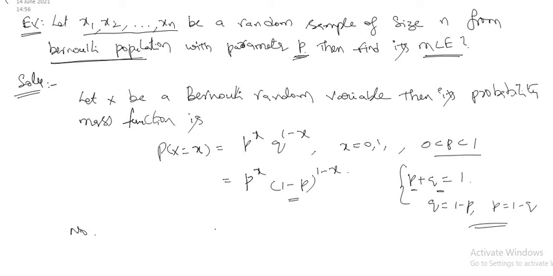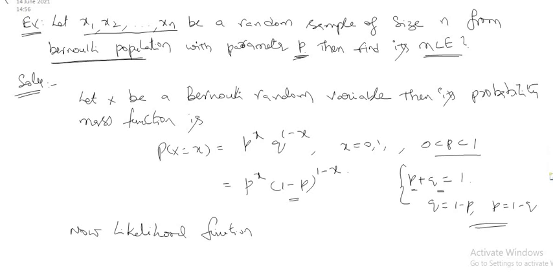Now the likelihood function. L of parameter p is nothing but the product over i equals 1 to n of f of xi comma p.